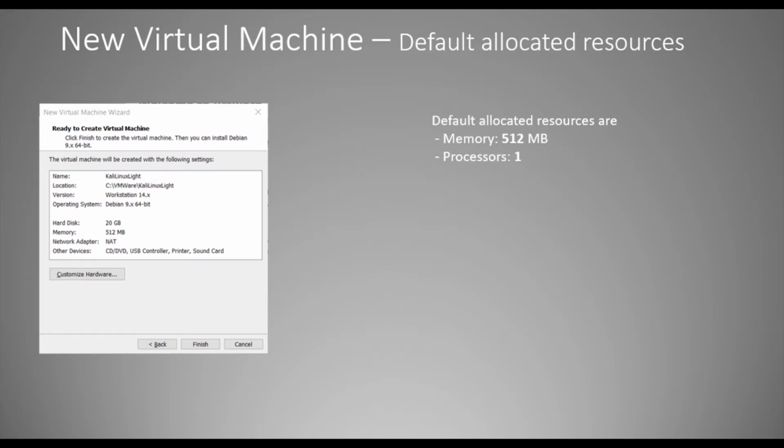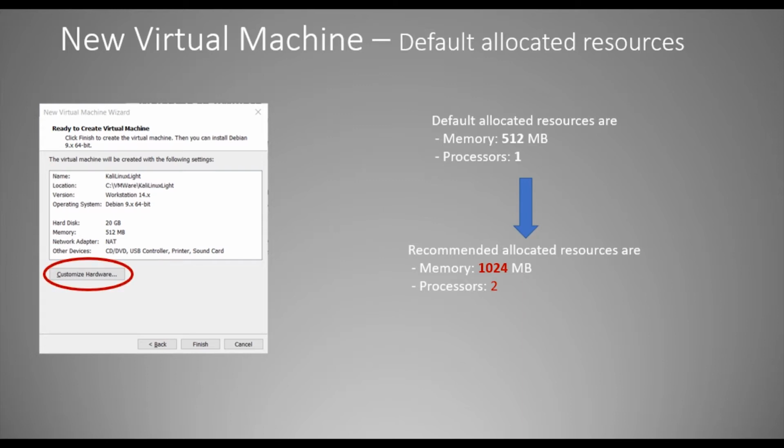Kali Linux Lite will run on this, but if you want to start multiple processes or heavier applications, it's a bit on the minimum, and it's better to change that from day one. I recommend memory of 1 gigabyte or 1024 megabytes and 2 processors.